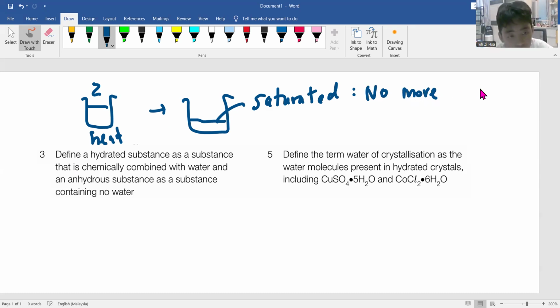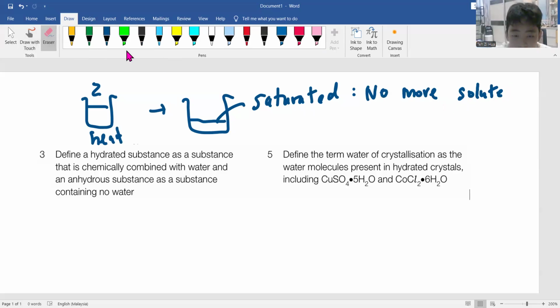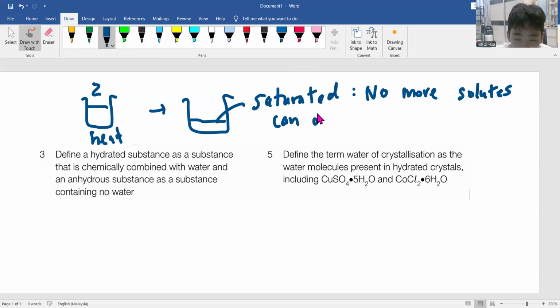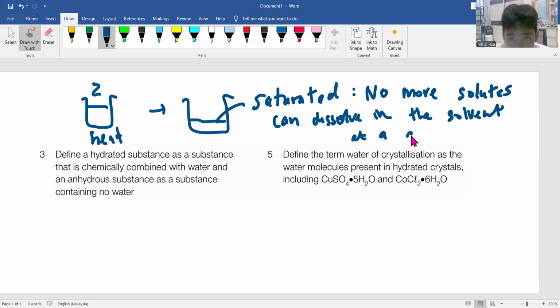Okay, no more solutes can dissolve in the solvent, or the maximum amount of solutes in the solvent at a given temperature. Okay.